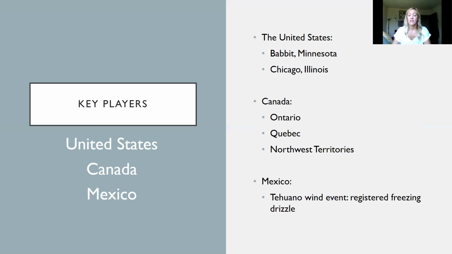And then in Mexico, a key event that happened was the Tulano wind event, and this happened along the coastline of Mexico. They never really see registered freezing drizzle, but they did that year due to the North American cold wave, and it affected tons of tourist industry, travel, industry in general down there because they are not used to a colder climate.